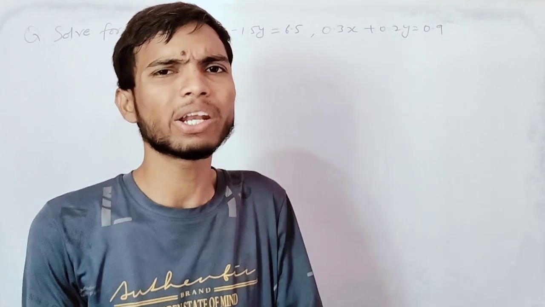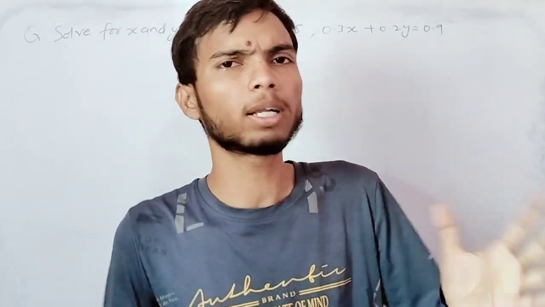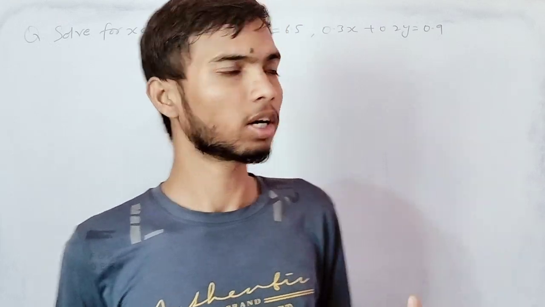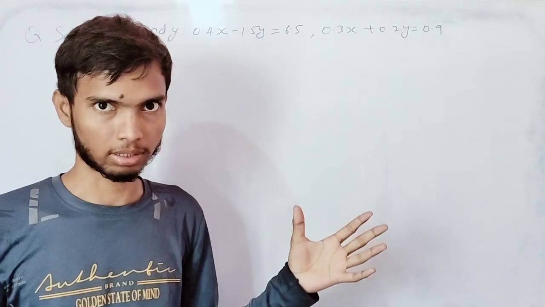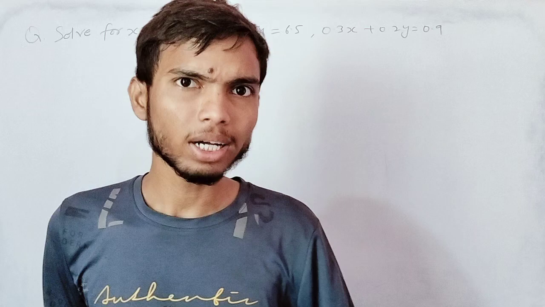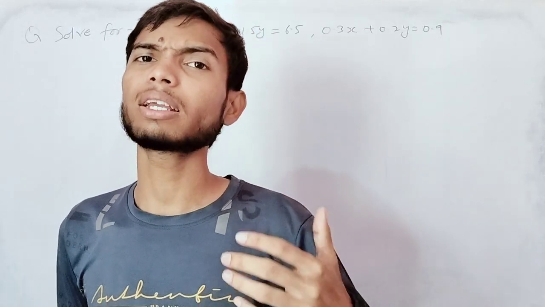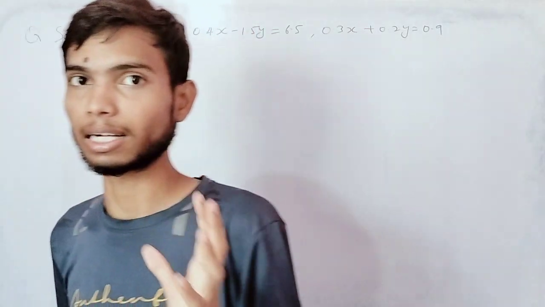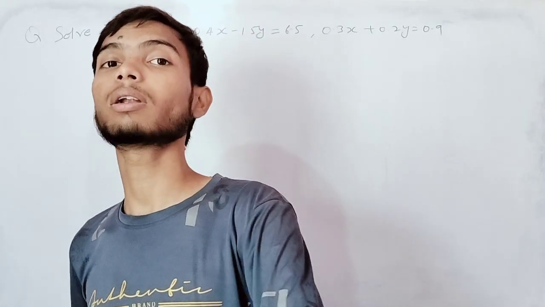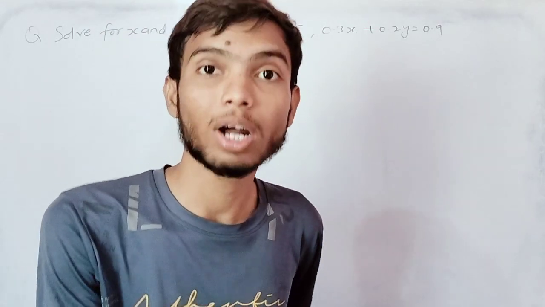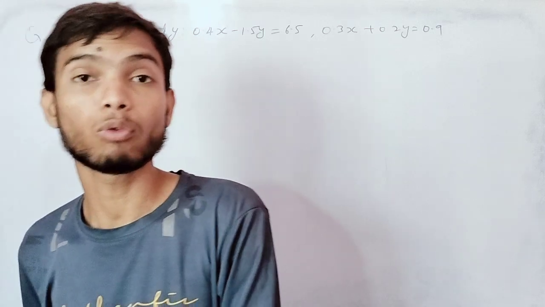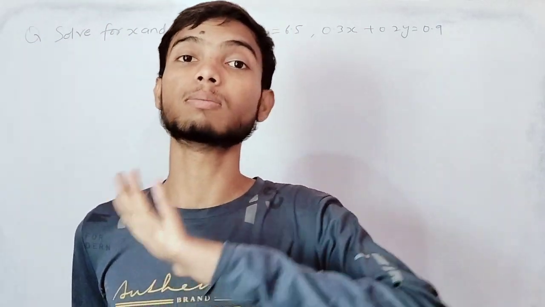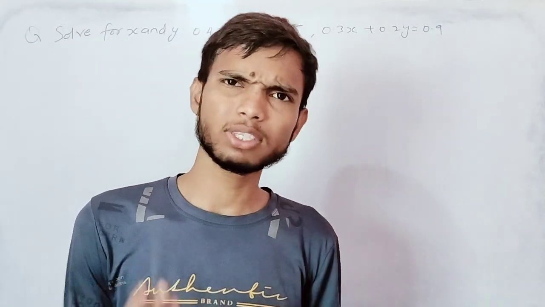If we are multiplying an equation by a number, you are not multiplying only one side. You have to multiply both sides by the number you are taking. Then the question will be the same.